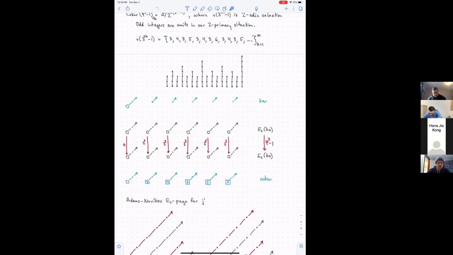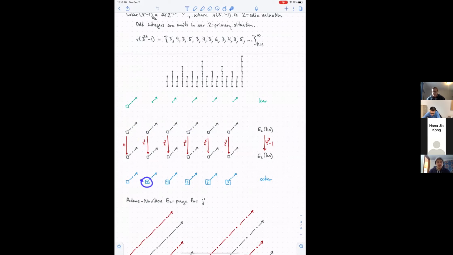Notice it's basically the same, except you get rid of these Z's, because these Z's support multiplications. But everything else is the same as before. So there's the kernel. And then the co-kernel is modded out by the image of these maps. And instead of a Z, what you get is a Z mod 8, or Z mod 2 to the 3.